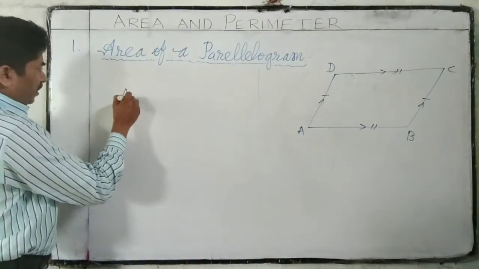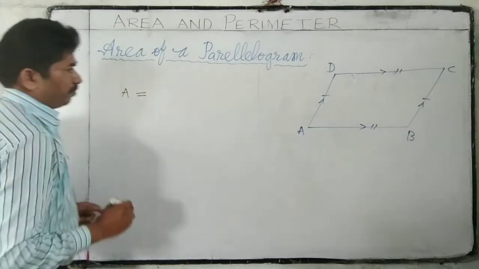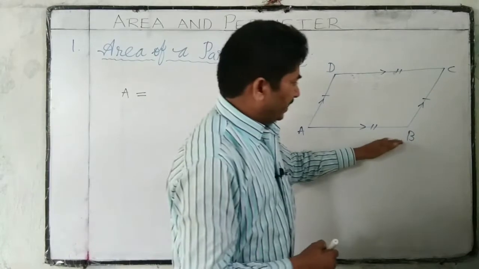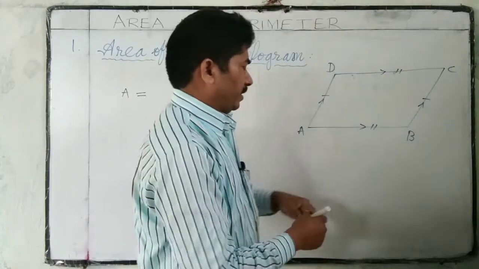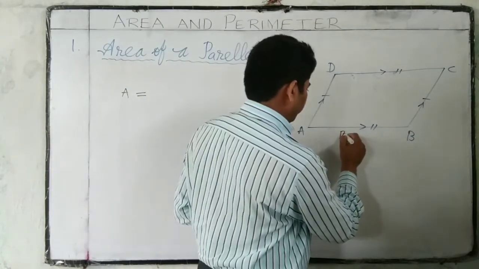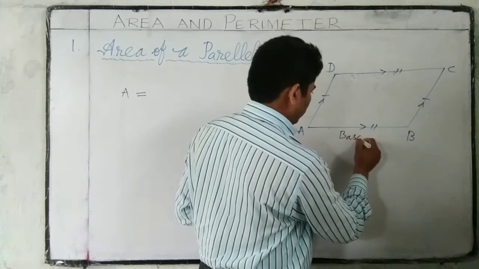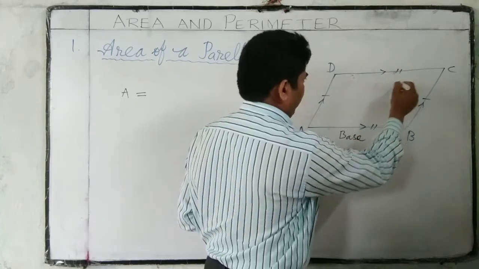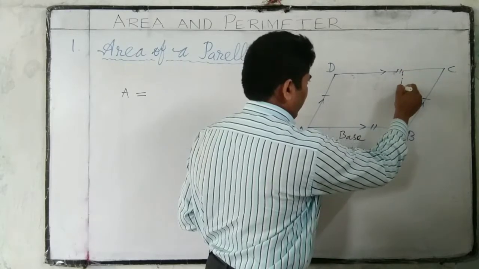Area of parallelogram A is equal to the product of its base and height. This is a base and corresponding height.